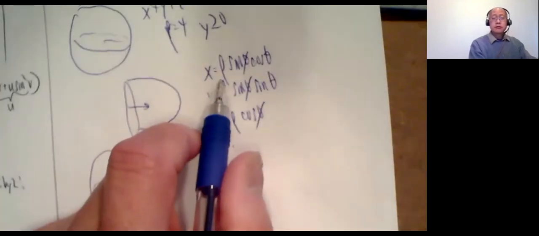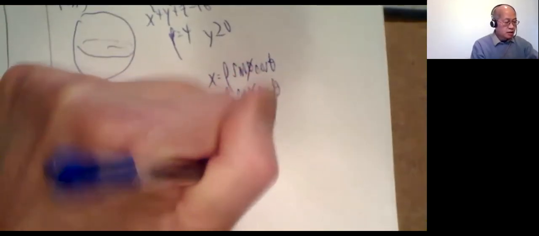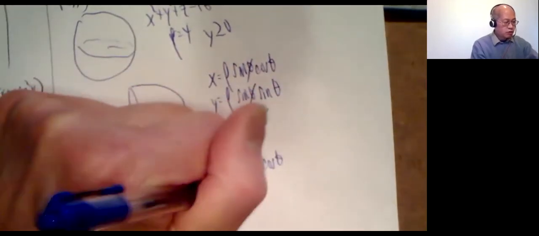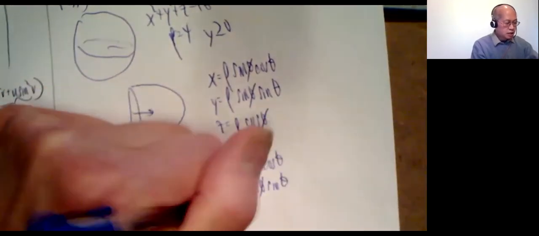So since rho is 4, so parametric, I have x is 4 sine phi cosine theta, y is 4 sine phi sine theta, and z is 4 cosine phi.